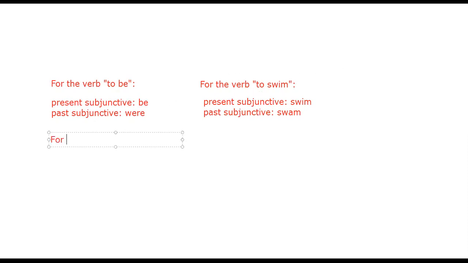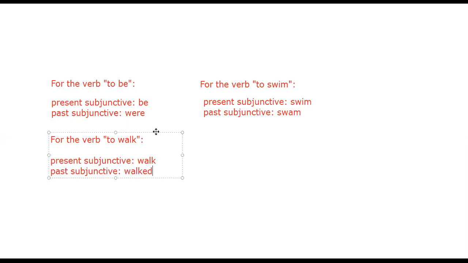And let's try a regular verb, a verb without any irregular conjugation. So for the verb, let's say walk. Walk is regular. To walk. So the present subjunctive would be walk. The past subjunctive would be walked. So basically it's this. The present subjunctive, same form as the infinitive without the to, but with the past subjunctive, were is a special case.